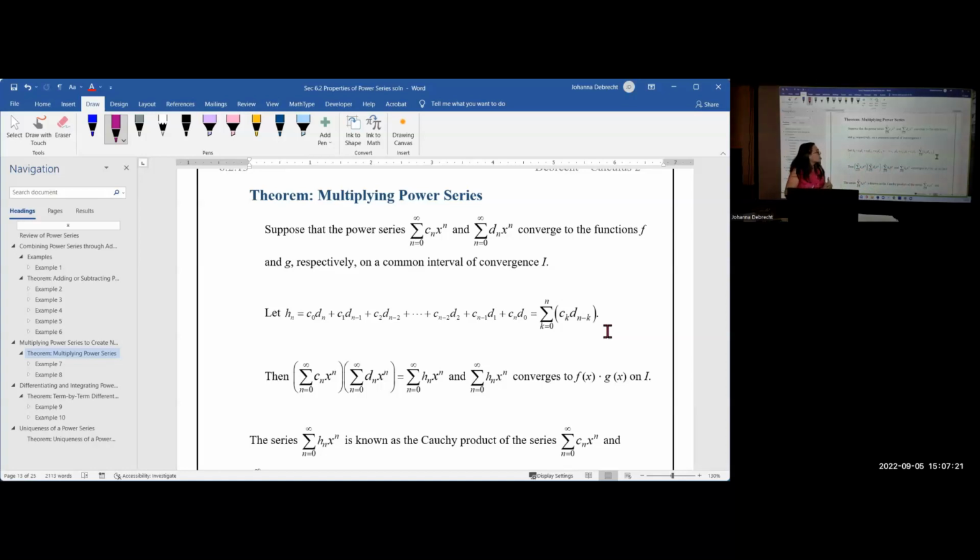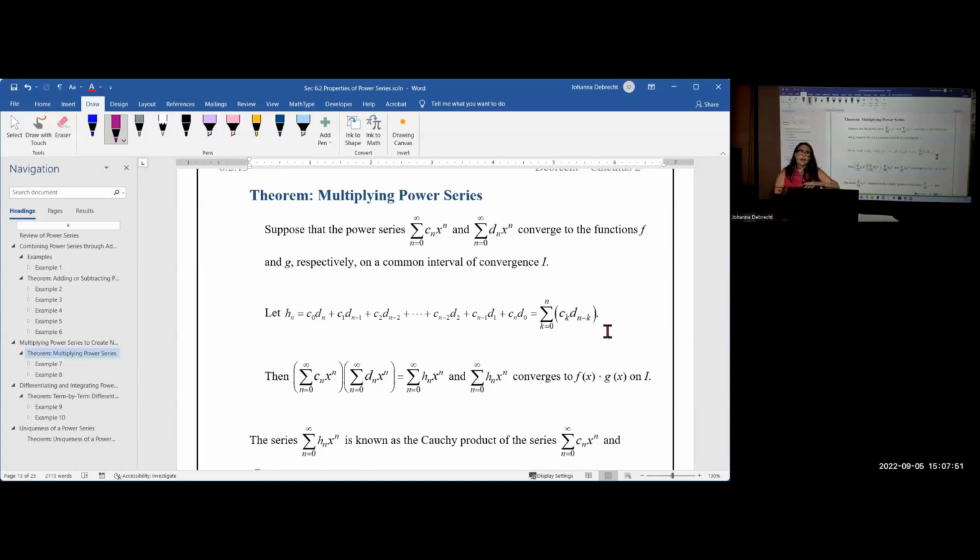And in fact, by this theorem, this new power series, given by the product of the old ones, is going to converge to the product of the functions f and g to which the original two power series converged. And, very important, it converges on I, whatever that original overlapping interval of convergence is. So it does not change the interval of convergence.